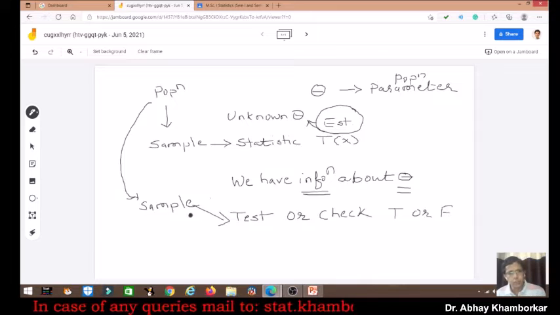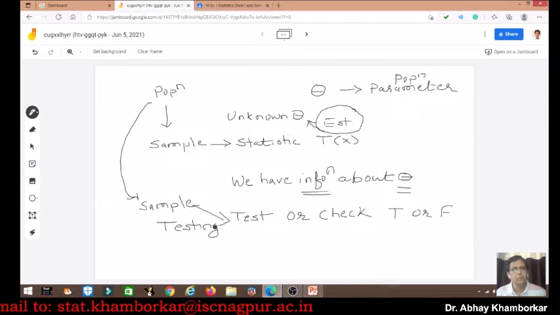This procedure of checking that information about parameter theta, whether it is true or false, is known as testing. So this whole procedure is nothing but testing.